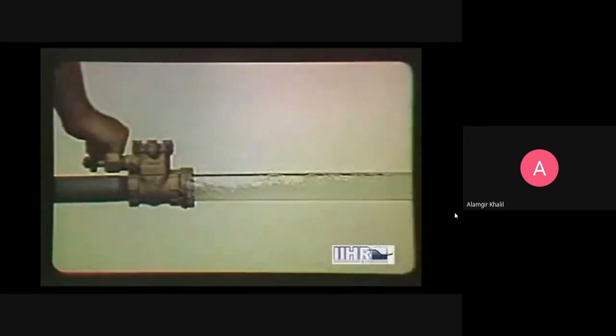This is for real cases. When you suddenly close, you can see the pressure wave travels back and forth. This is water hammer pressure.